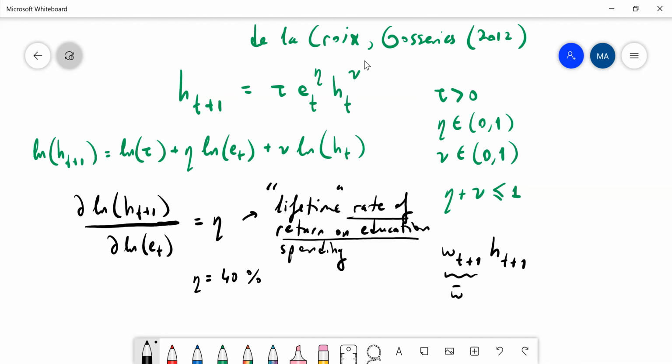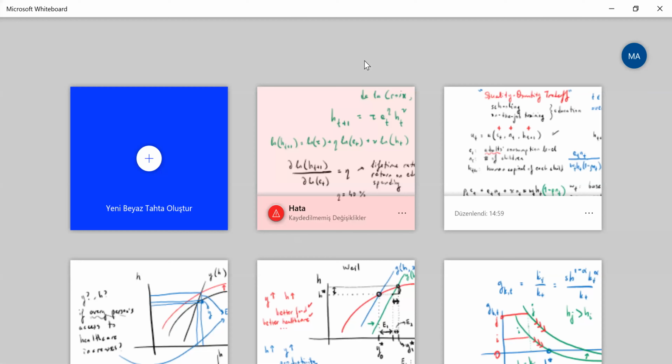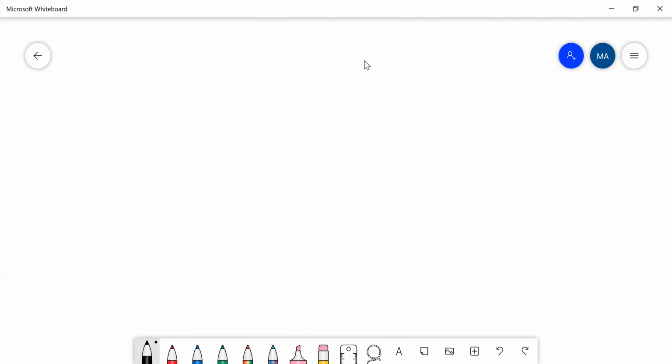Because ln ht plus 1 is the lifetime income of your kid. Labor economists use that concept in a very distinct way, and they want to understand the rate of return on schooling, okay? And here is the idea.